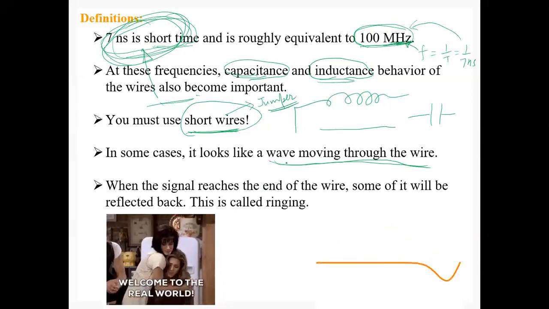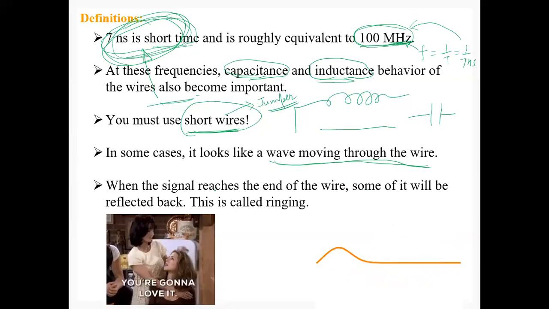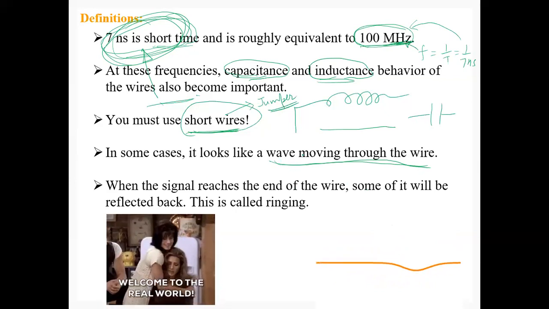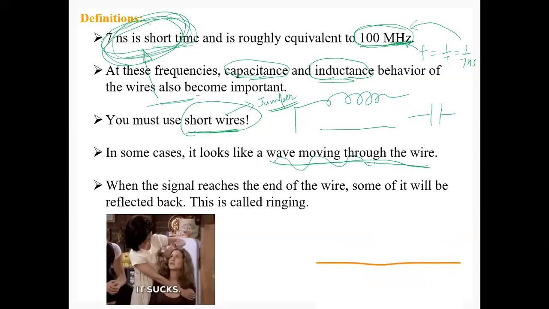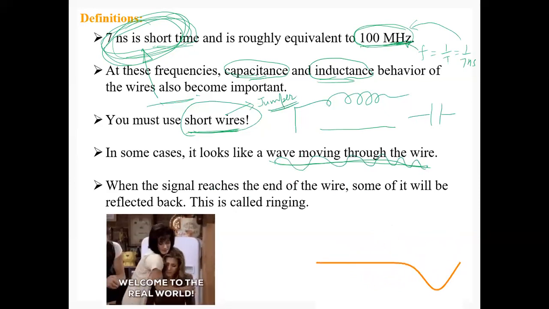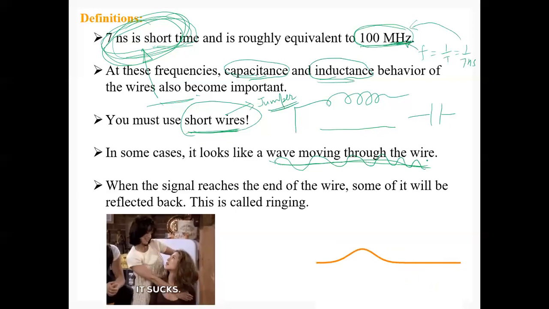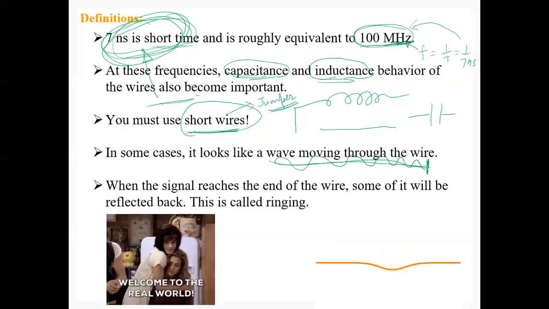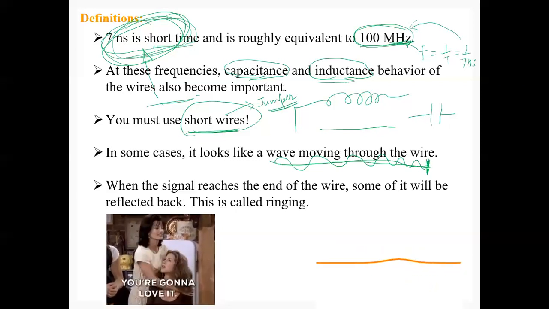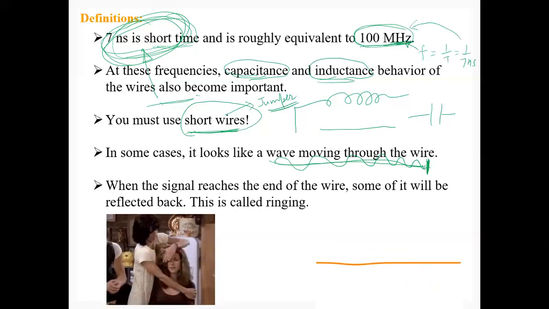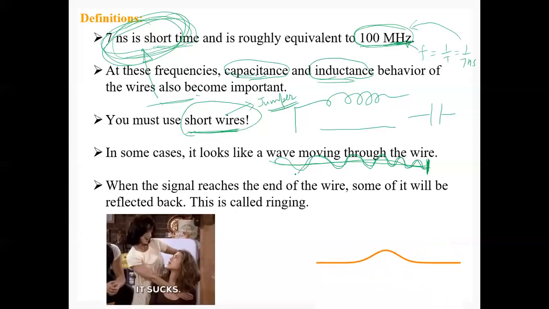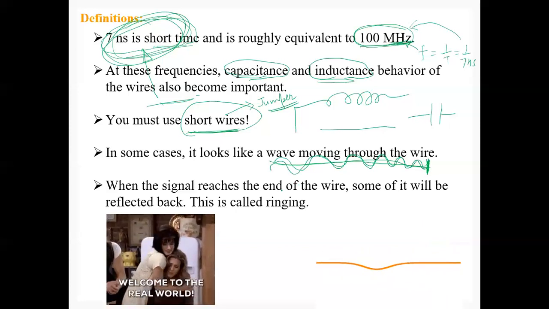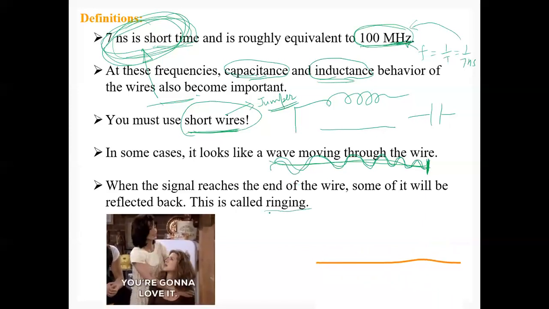So any input looks like a small wave to it, and at the end, some of it will be reflected back. Not only does it go forward, it also reflects back. That kind of reflection is called ringing.